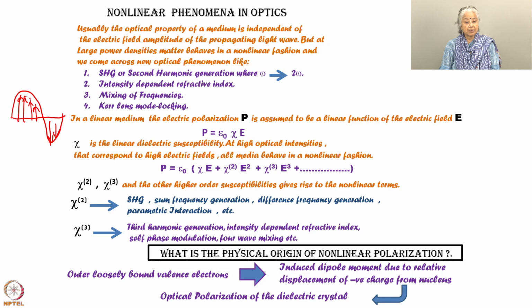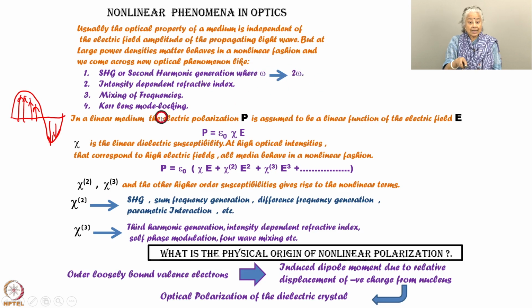And we come across many new nonlinear optical phenomena like second harmonic generation. Okay. Second harmonic generation, I mean you put in a frequency omega in your medium, and what comes out is 2 omega. So, the frequency has doubled here. This is called second harmonic generation.